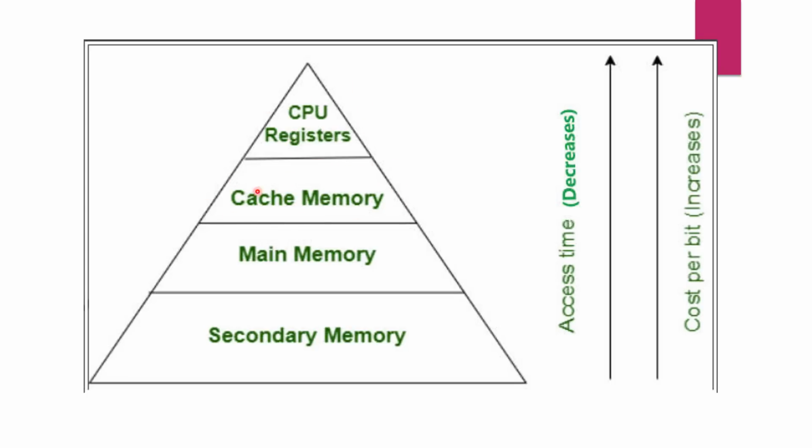Cache memory is also more expensive than the main memory, but access time is small. Same goes with main memory and secondary memory. Secondary memory is cheaper, but it takes much more access time than the other memory systems.